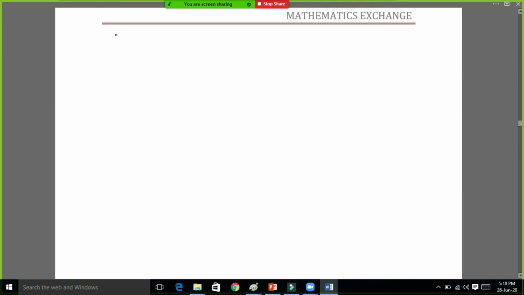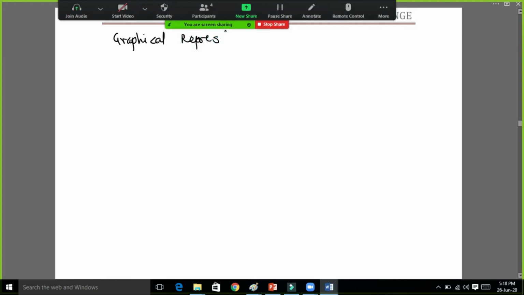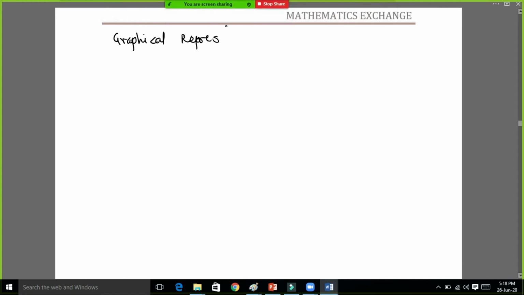So the third is the graphical representation of cubic polynomial.